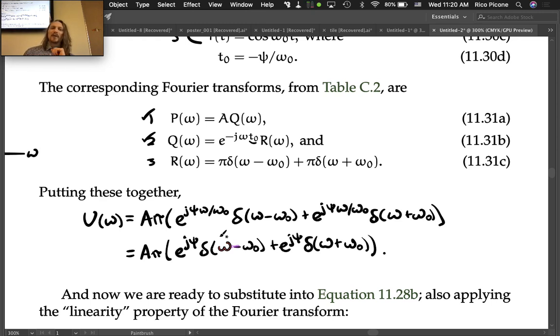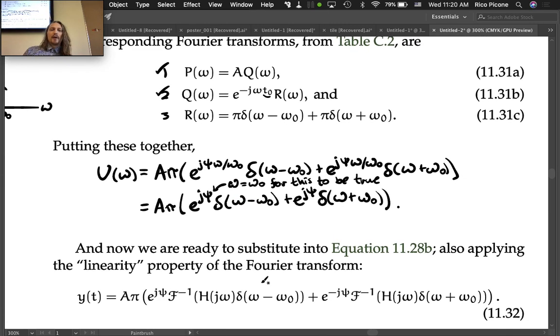What we have to remember, we can say omega equals omega naught for this to be true. Otherwise, delta is going to wipe it out.